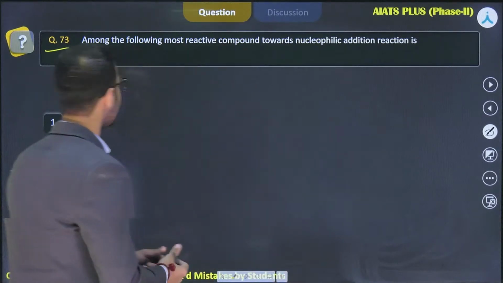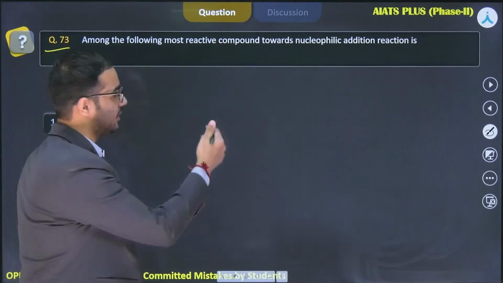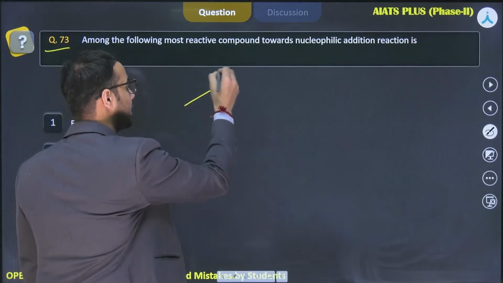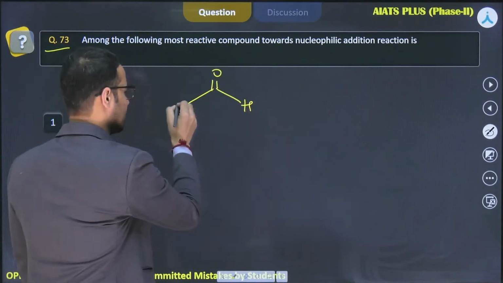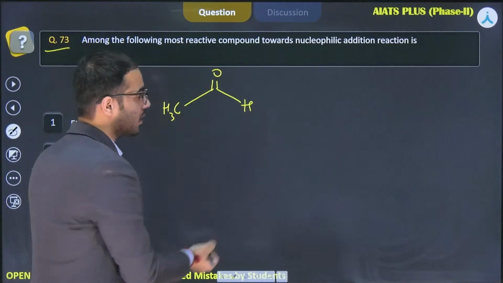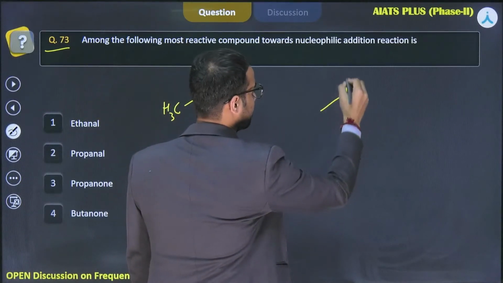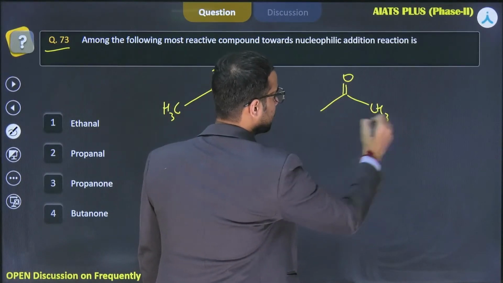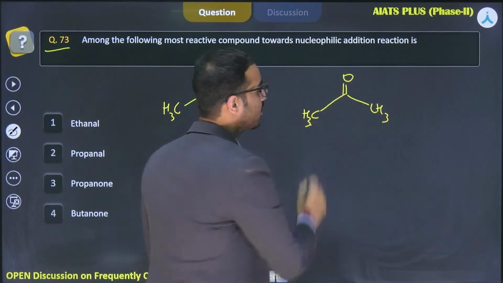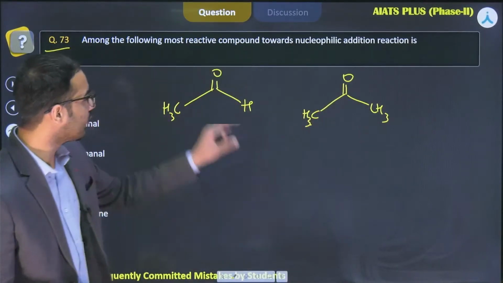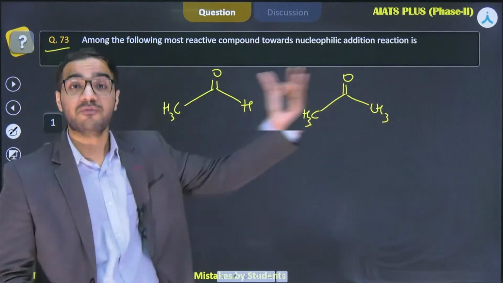Let us say we take an example with hydrogen and CH3, and now CH3, CH3. We can clearly say which is more electron deficient.